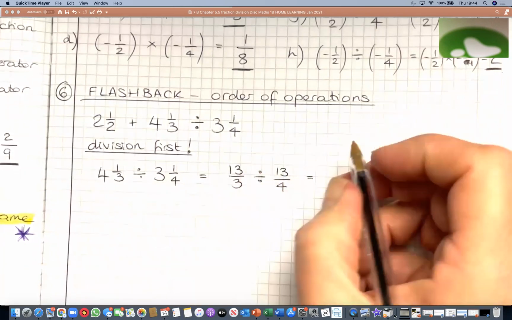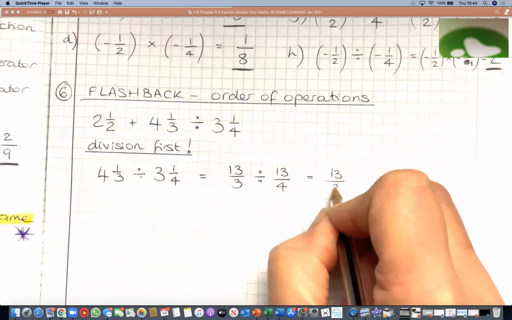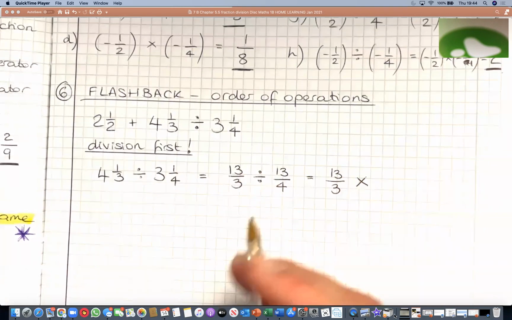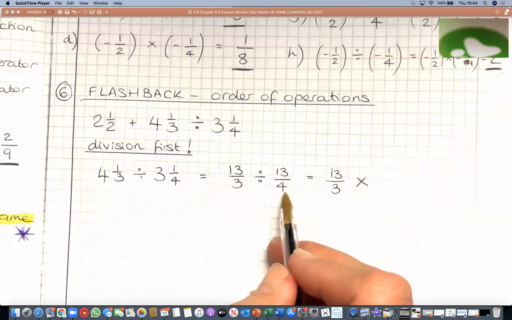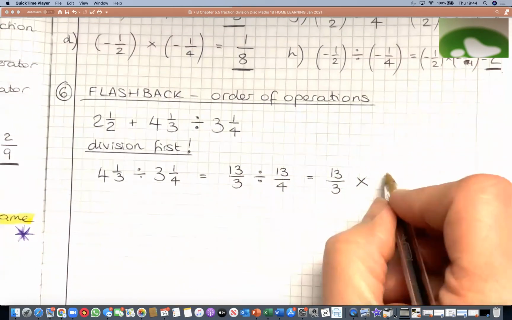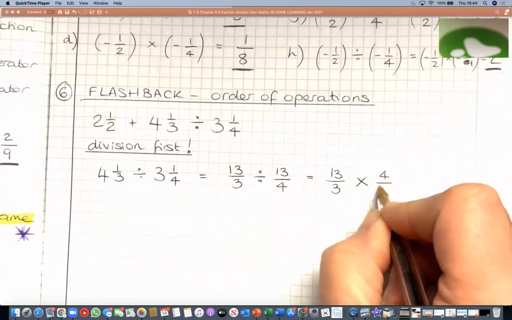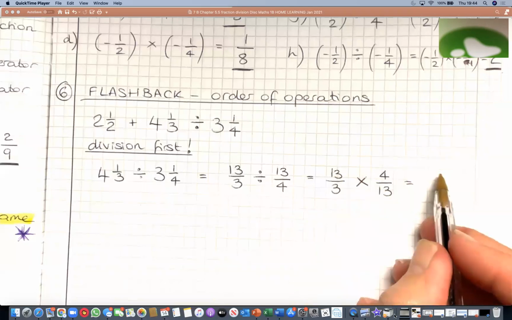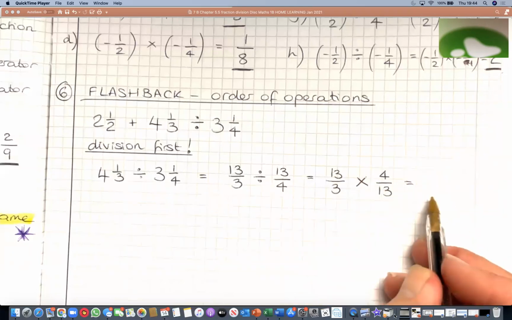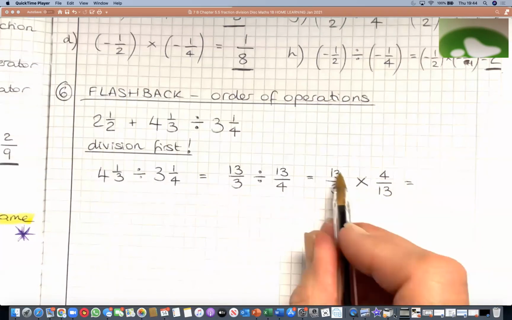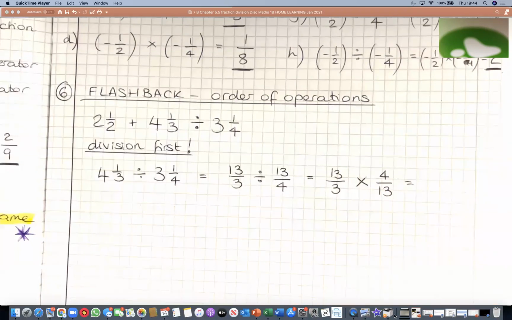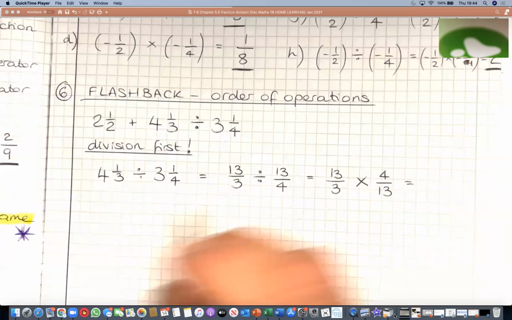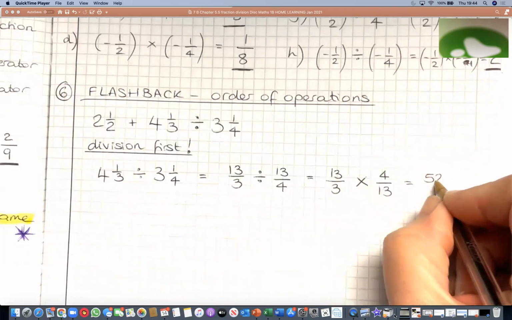I know that dividing by a fraction is the same as multiplying by its reciprocal. The reciprocal of 13 over 4, I flip them over, is 4 over 13. I've now got a choice. I can either multiply my numerators and multiply my denominators, or I can do a bit of cross-cancelling. If I'm not comfortable with cross-cancelling, I'll just do 13 multiplied by 4 gives me 52.